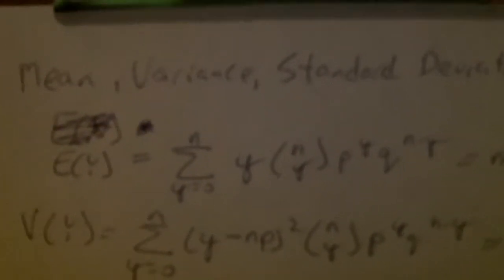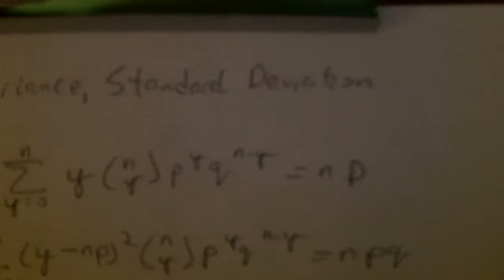Okay. So last thing, mean, variance, and standard deviation of a binomial random variable. In this class, we don't go through the derivation, but using the definition of expected value, there's what the summation would look like. And there's a bunch of algebra that's shown in your book.